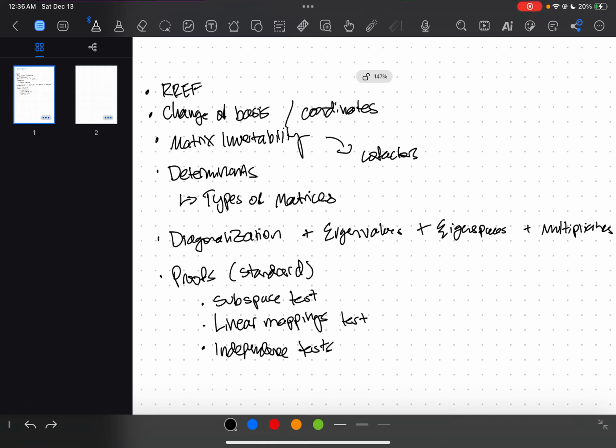So we'll start with RREF, and I'll skip straight to this. Change of basis. Then I'll talk about matrix invertibility, then determinants and diagonalization.